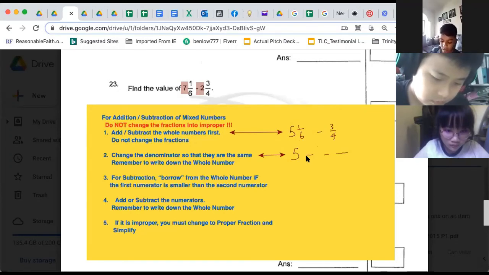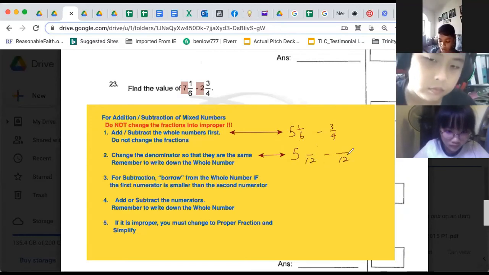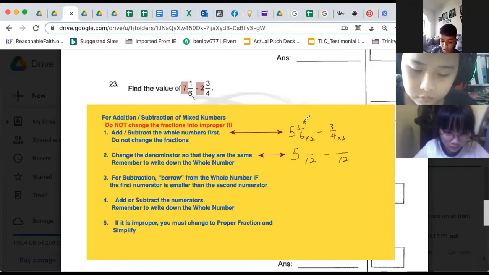You can take 4 times 6, but there's a smaller number that they share. Yes, they can become 12, right? So if I multiply this and multiply this, and I do the same on top, I will get 2 minus 9 over 12.